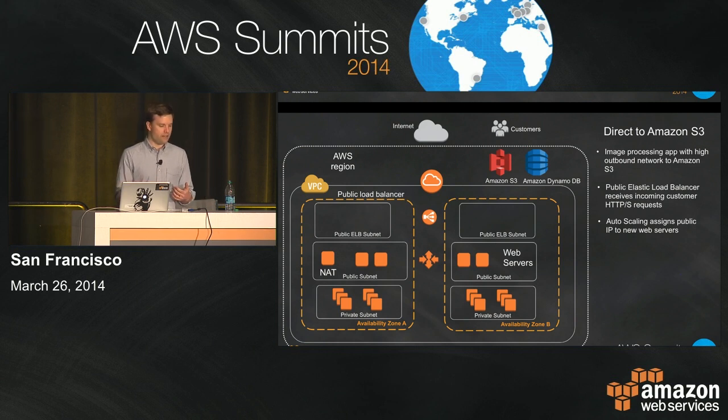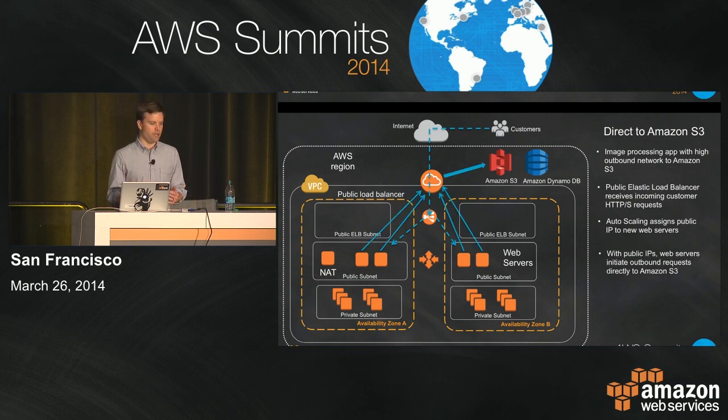So as the traffic grows and shrinks and this layer adds and takes away instances, anything that it adds is going to get public IPs automatically assigned to it. Customers come in, the traffic goes through the ELB and is distributed to the various web servers. The web servers do their job and then are able to upload straight up to S3, back out of the VPC and not go through the NAT.